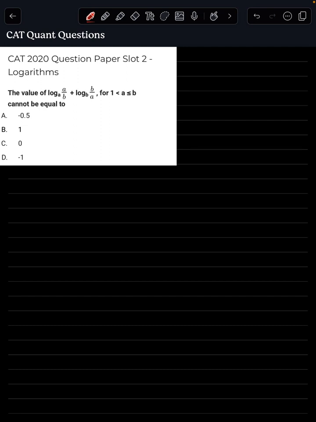So let's do this. Before starting, let's go through the normal logarithmic properties. So the first property is that log of any base a, if we write m upon n, we can also write this as log base a of m minus log base a of n.